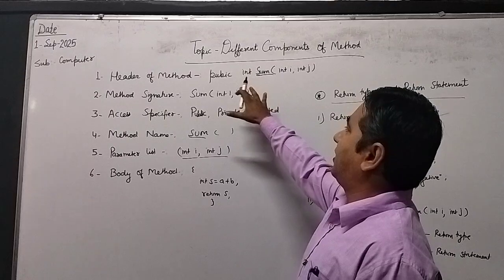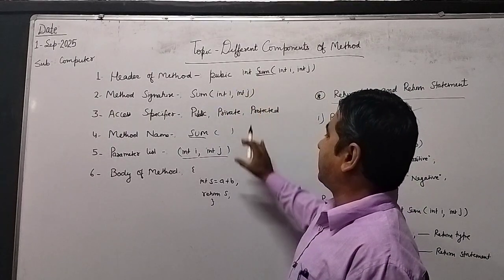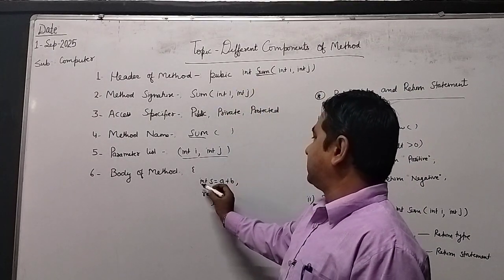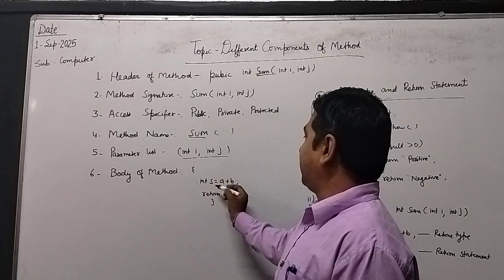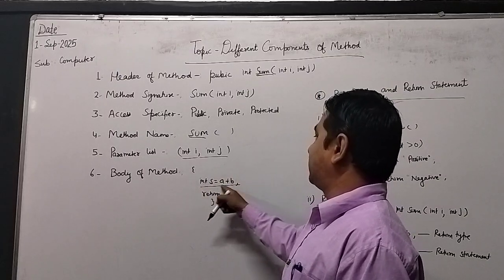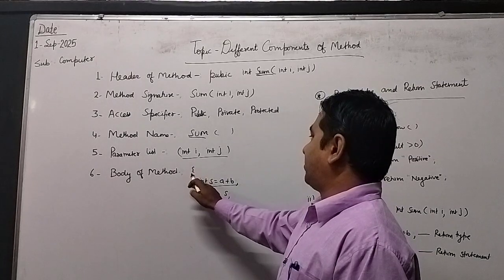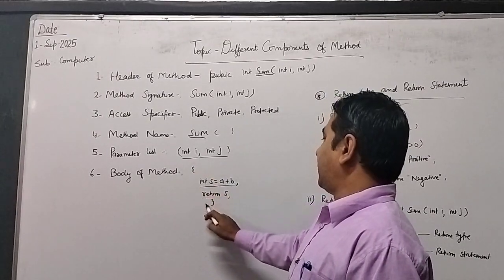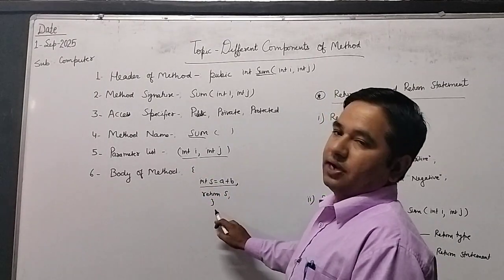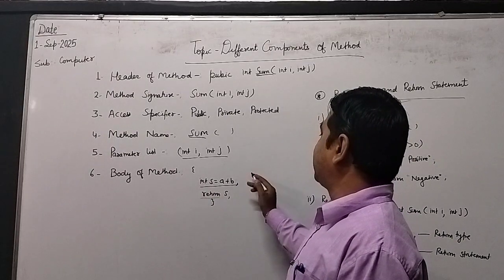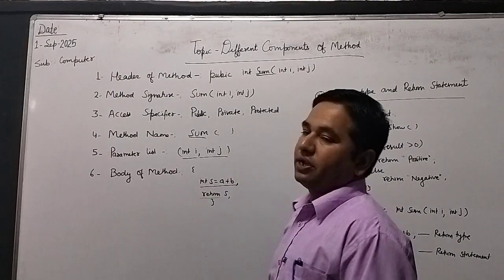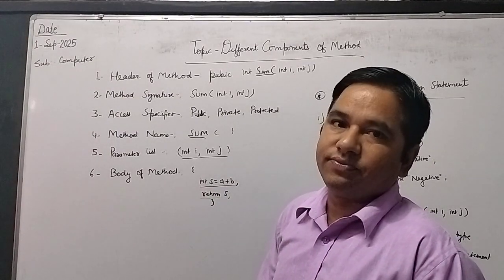After declaring the header of the method, the body follows, for example int s = a + b. It uses two curly braces: the first opens the body, and the other closes it. You can see two statements here, and this is known as the body of the method.